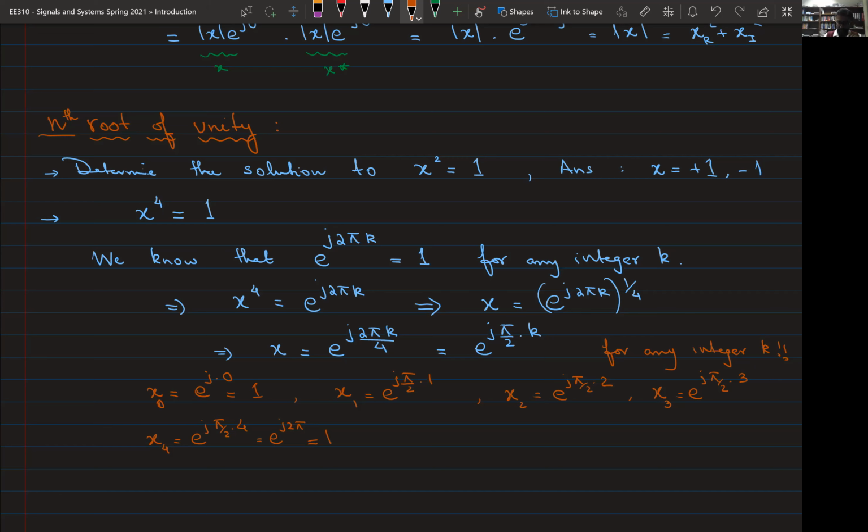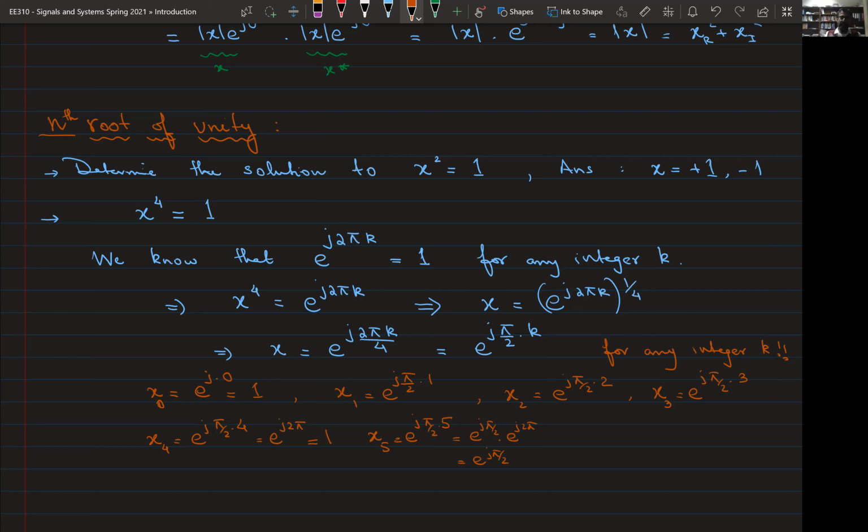Similarly, if I plug in k equals 5, that is e raised to power j pi by 2 times 5, which is 5 pi by 2, and 5 pi by 2 you'll find is nothing but pi by 2 because the angle is modulo 2 pi. So this is e raised to power j pi by 2 times e raised to power j 2 pi, which is nothing but x1.